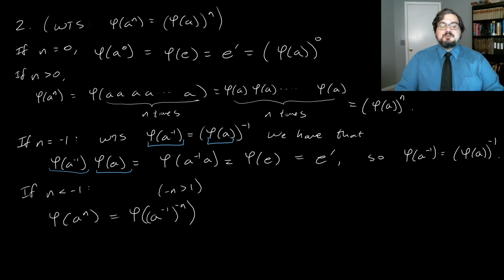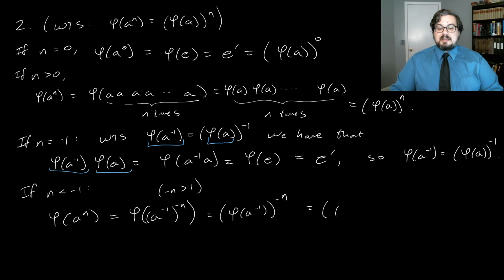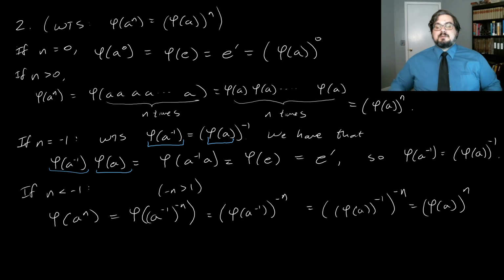And so we can use the previous result on positive numbers to say that this is phi of A inverse to the -n. The previous result says that phi of A inverse is phi of A inverse. And then we can use properties of exponents in G prime to get that we have phi of A to the nth power. So part 2 says that we can move powers in and out of homomorphisms.